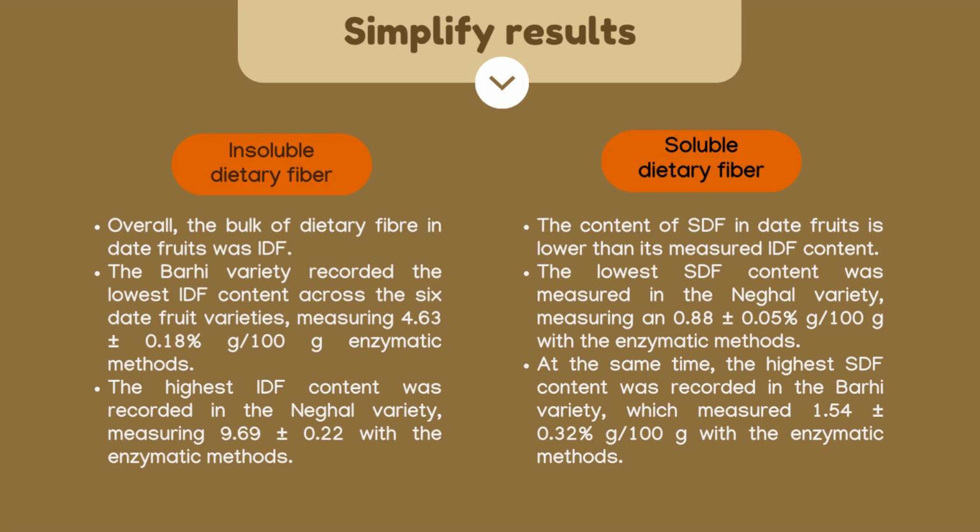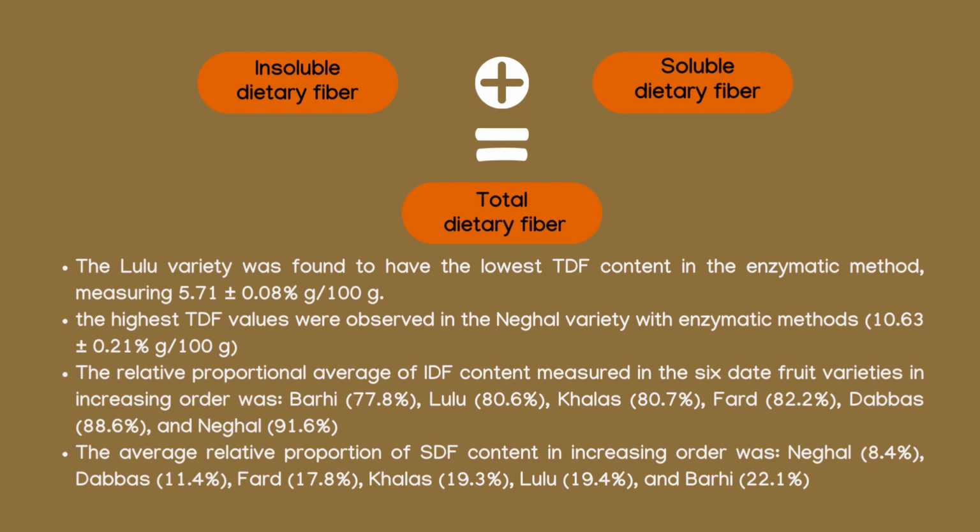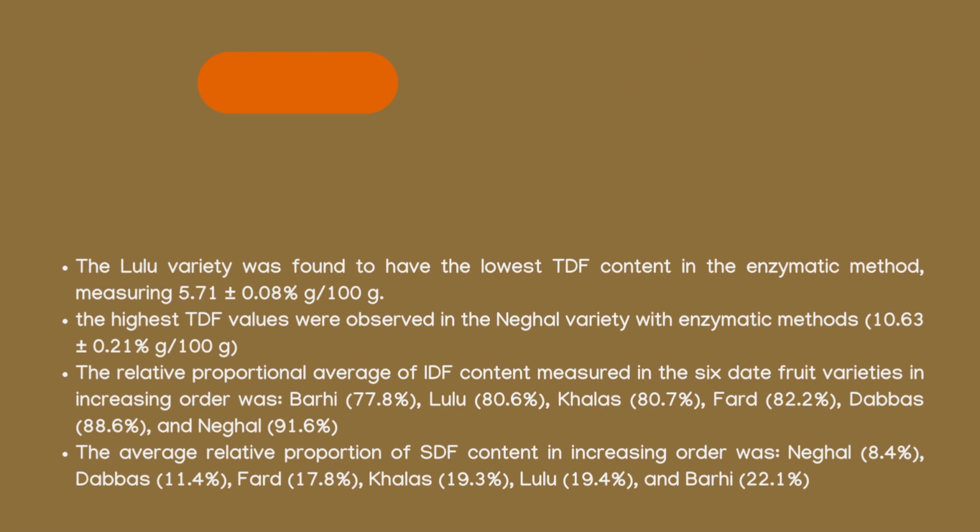At the same time, the highest SDF content was recorded in the Barhi variety, which measured 1.54 plus minus 0.32 gram per 100 grams with the enzymatic methods. Precisely, insoluble dietary fiber plus soluble dietary fiber will equal total dietary fiber.